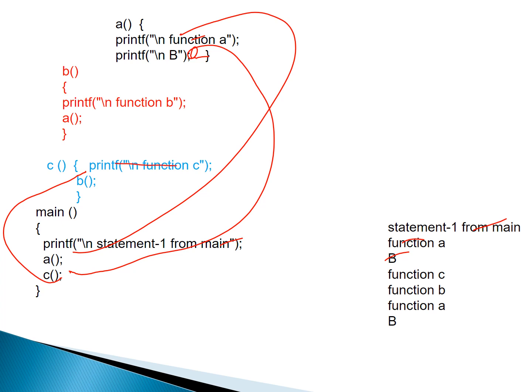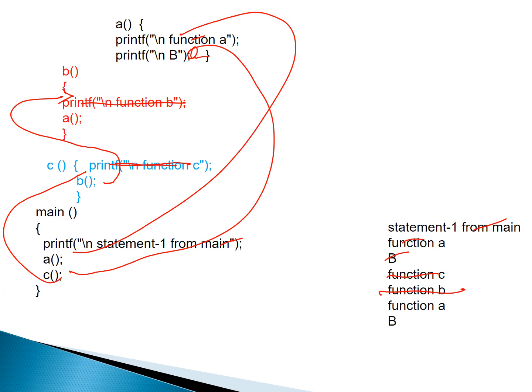So this statement will be executed, and you can see this one. And then after the execution of this statement, we have another call to B. So from C, now we will go here, right? So here we have one statement, so we'll execute this one.